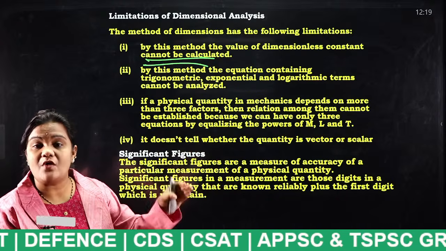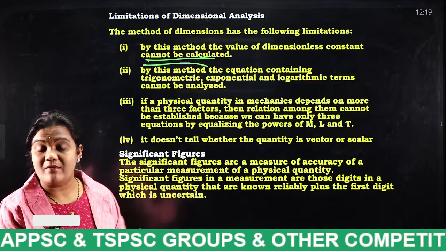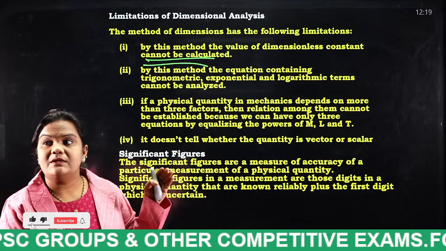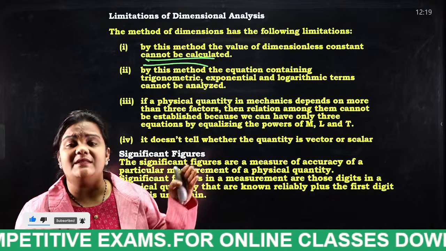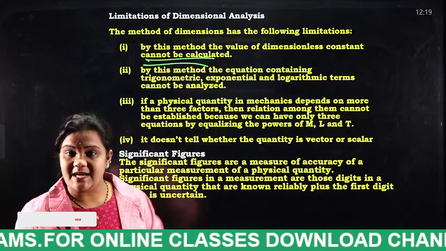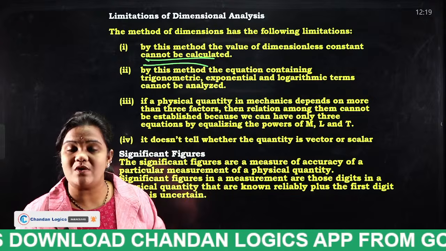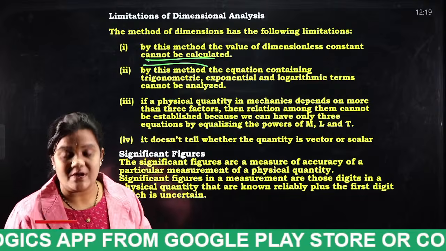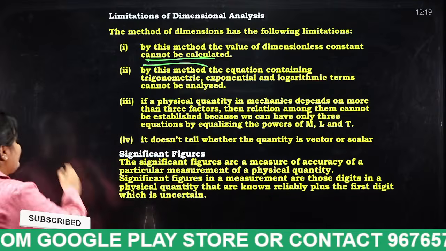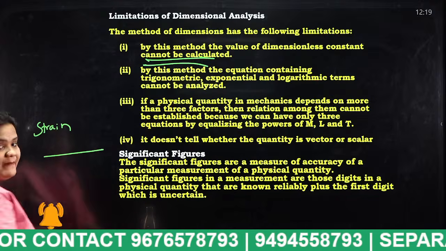Coefficient of friction, coefficient of restitution do not have dimensions, and even strain. What do you mean by strain? Change in length to its original length, length by length. Let me explain clearly. For example, this is a rubber band.